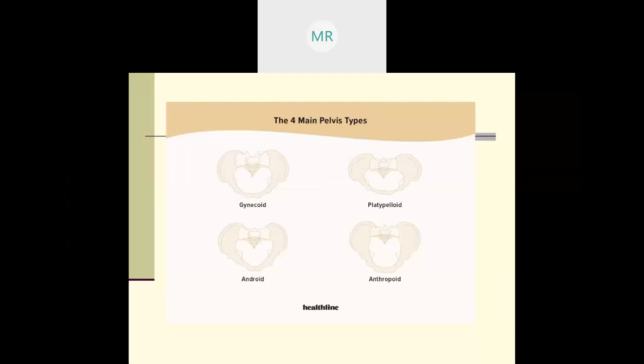And then you've got the platypelloid right over here, so you see that it's not ideally round. The platypelloid is usually not ideally round, but mamas can still deliver vaginally. Then we have the anthropoid right over here.